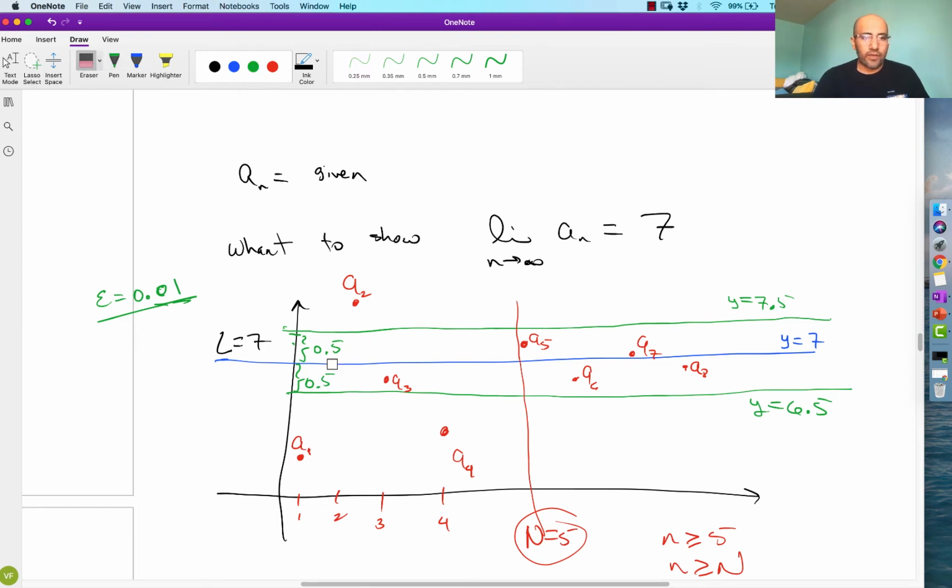So this needs to be even stricter, 0.01, which means this guy doesn't go out to 7.5 and 6. So this is only going to go up to 7.01, and this is going to go down to 6.99. So now that's a very narrow band.